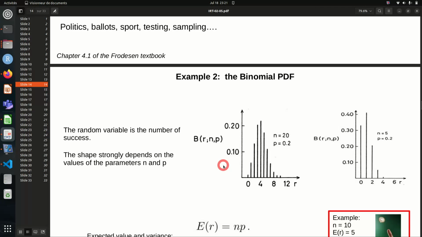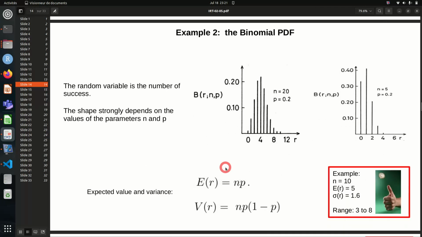I give you here some examples. So here, if we flip the coin 20 times, or if we flip 5 times, you can see that the shape is not the same. Here, the shape goes to the left, and we can see that it's almost close to being an exponential, while here it goes to the right and it starts to be like a mountain, like a Gaussian.